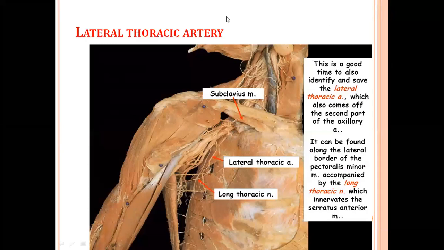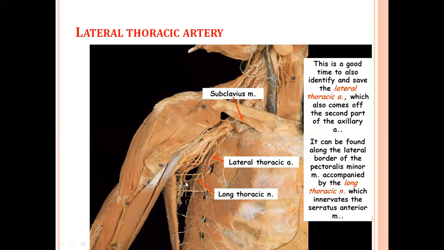Now let us see in the dissected body how this lateral thoracic artery looks. So this is the lateral thoracic artery. Here the pectoralis minor has been cut, because of which you are unable to see it. This lateral thoracic artery is accompanied by a nerve also. They look similar. When you do the dissection in the dissection hall, you will be feeling the structures.